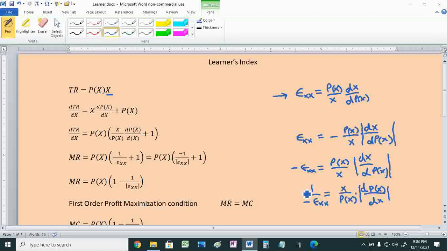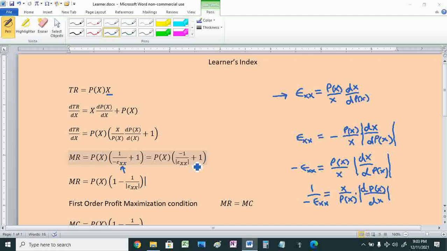Then I use this 1 over exx in this formula, and after doing that I multiply numerator and denominator by minus 1, so that the denominator becomes plus again. To avoid any confusion, I have put the denominator in modulus, so that we will be dealing with the positive values of own price elasticity only.